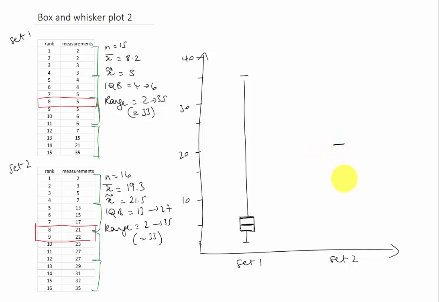But here, interquartile boundaries 13 and 27, something like that. So there's our box. You'll be doing this slower on nice graph paper, so it'll be easier for you. And then again, boundaries of the range are the same, so 2 and 35.